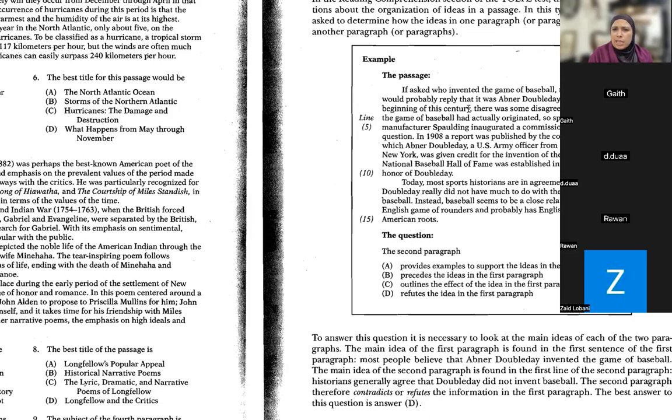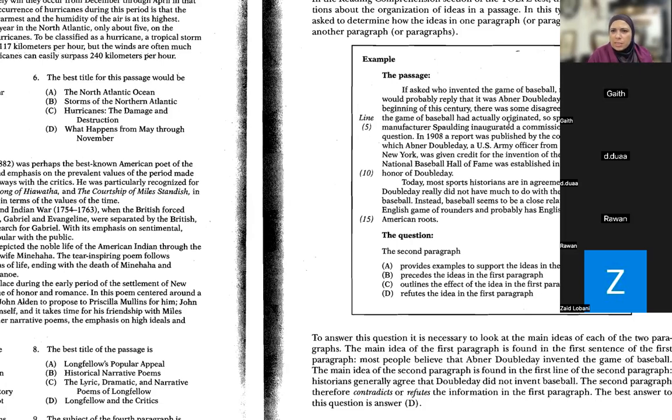At the beginning of this century, there was some disagreement over how the game of baseball had actually originated, so sporting goods manufacturer Spalding inaugurated a commission to research the question. So people did not know who invented this game.